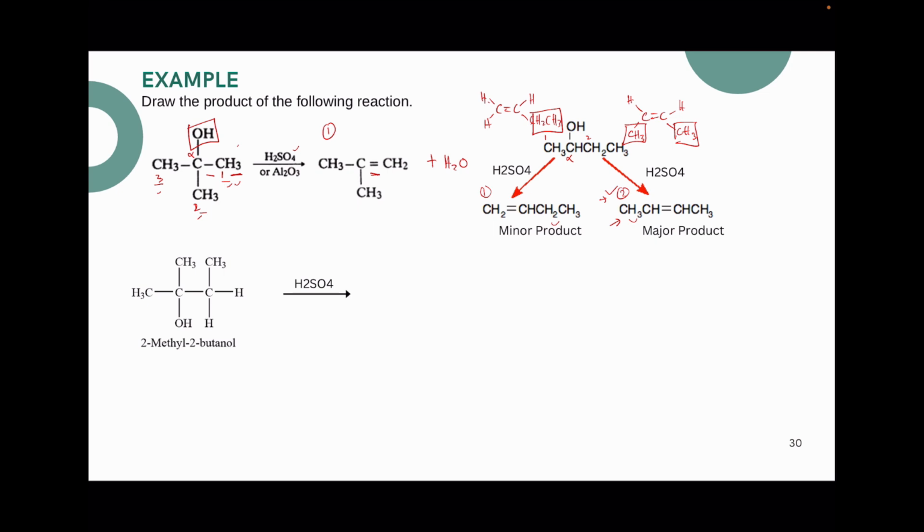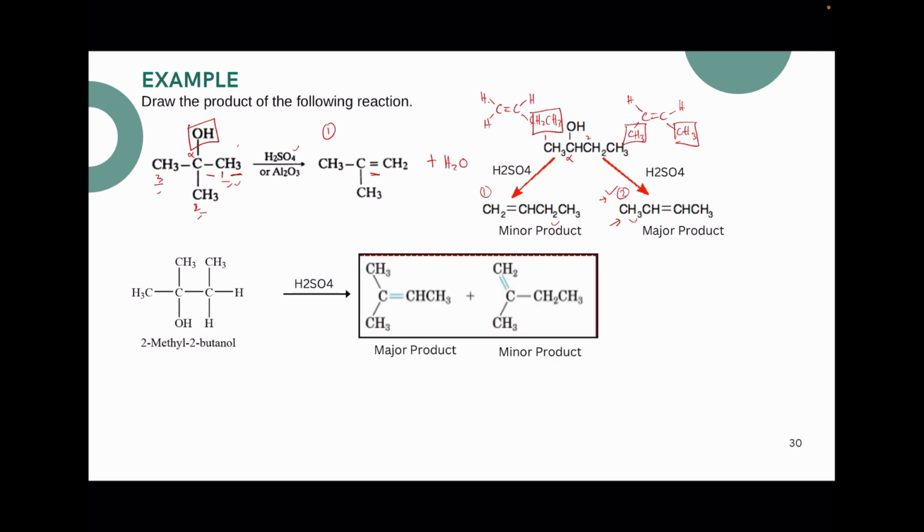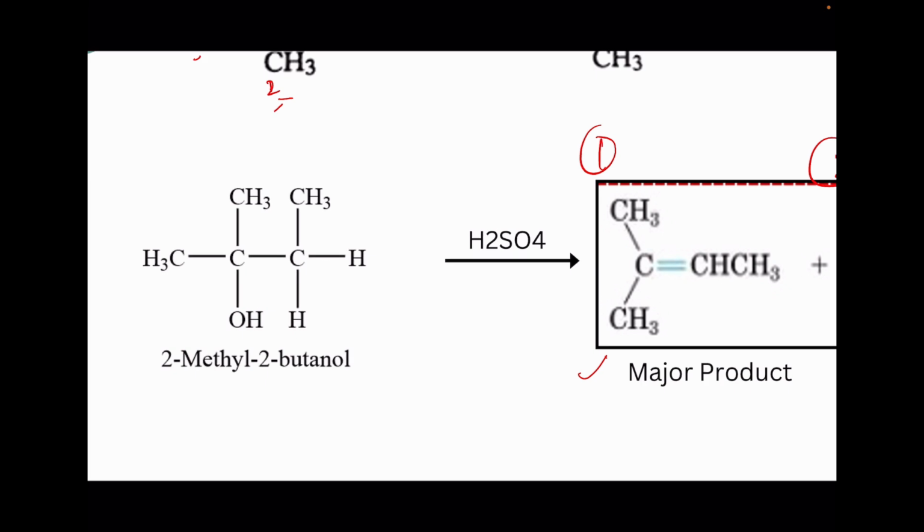Next, we look into another example. When 2-methyl-2-butanol goes through the dehydration reaction, it produces two products, the first structure and the second structure. The first structure is the major product and the second is the minor product. How does the major product form? As I said, first you need to label the carbon attached to the hydroxyl group as the alpha carbon.